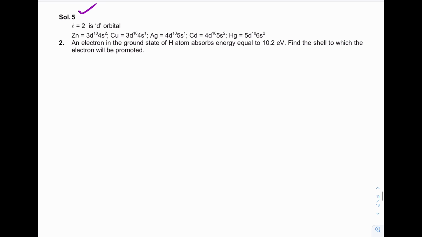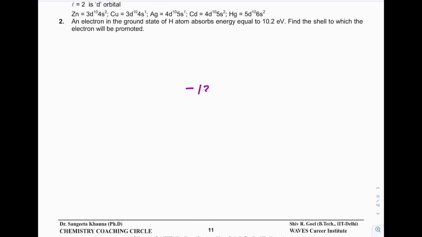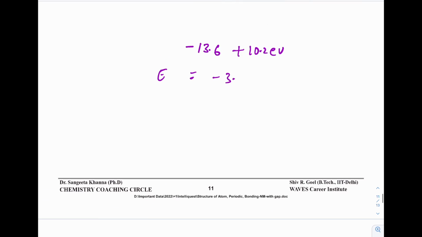Next is, an electron in the ground state hydrogen atom absorbs 10.2 electron volt energy. Find the shell to which the electron will be promoted. Ground state energy is minus 13.6. If it absorbs 10.2 electron volt, then energy will be minus 3.4.